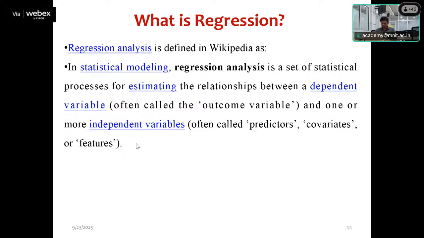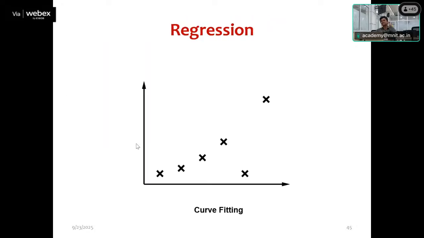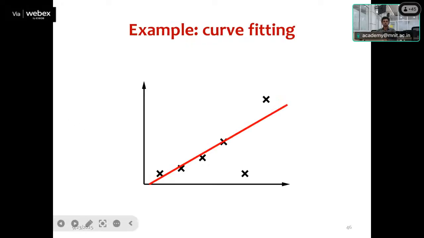Now, regression is nothing but curve fitting. Where you have data points, you need to draw a line so that all the data points could be on the line. There could be various methods. I will draw a line like this. This is one solution, but here what I want is that the data points should be on the line.